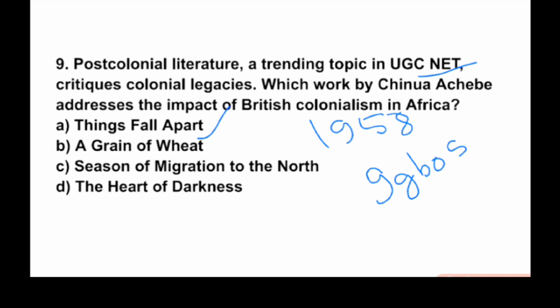Means in post-colonial studies, Things Fall Apart by Chinua Achebe is important.